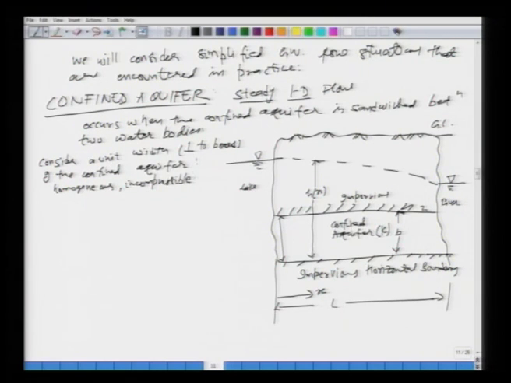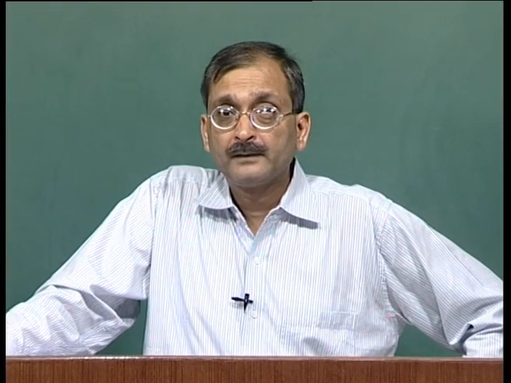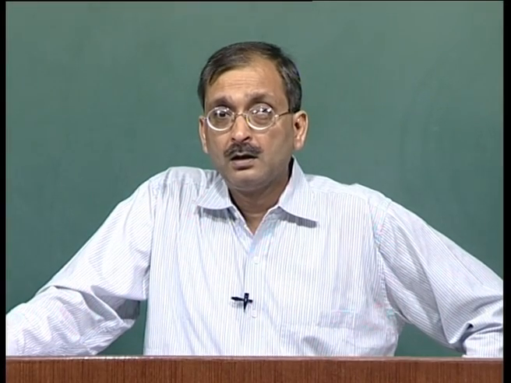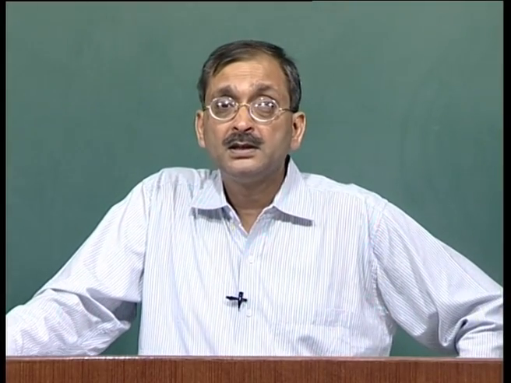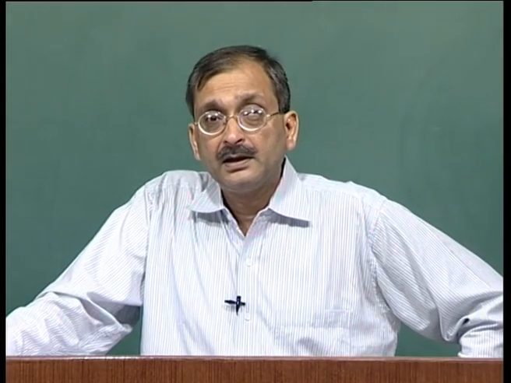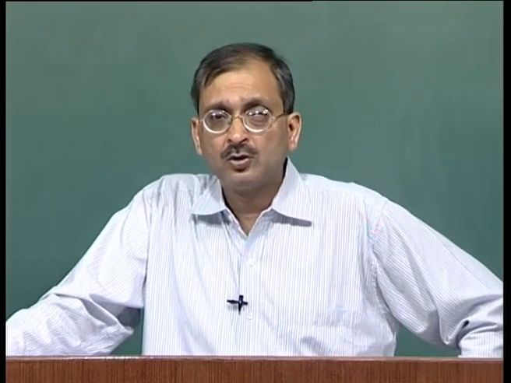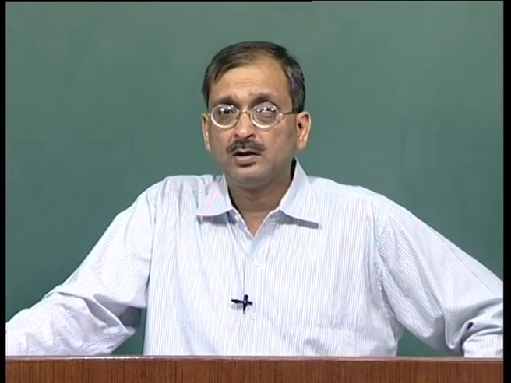Actually, the question of isotropic does not arise here, because we are considering only flow in one direction. So, what will be the governing differential equation of this? What is the governing differential equation for one dimensional flow in a confined aquifer from left to right in this case, which is steady and homogeneous and isotropic and incompressible and so on?